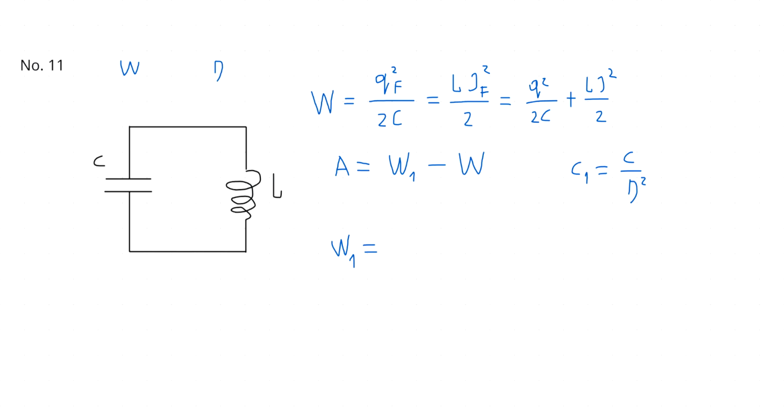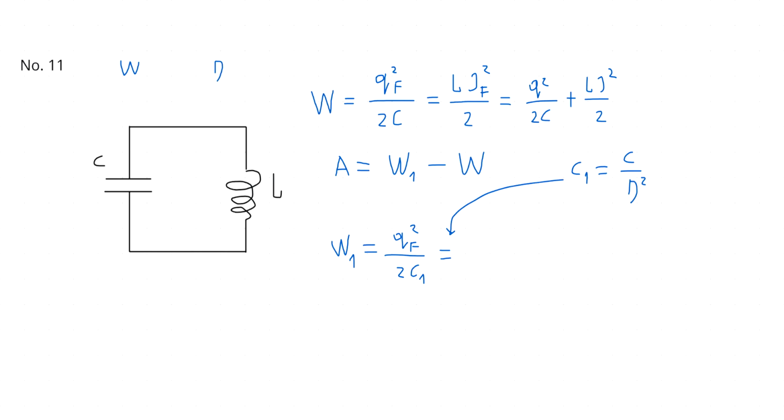Of course, we will get a very similar situation: QF to the power of 2 divided by 2C1, and we know that C1 is equal to C divided by eta to the power of 2.